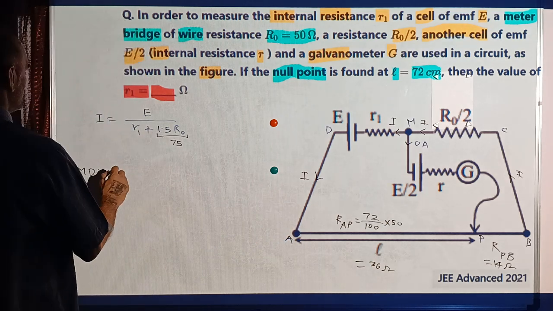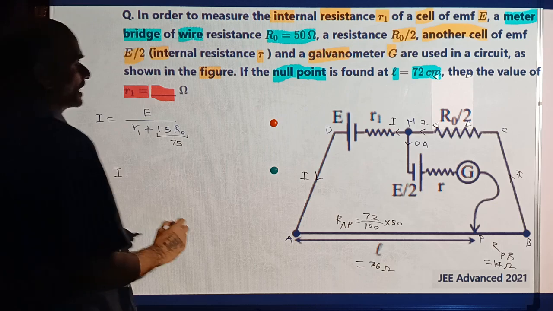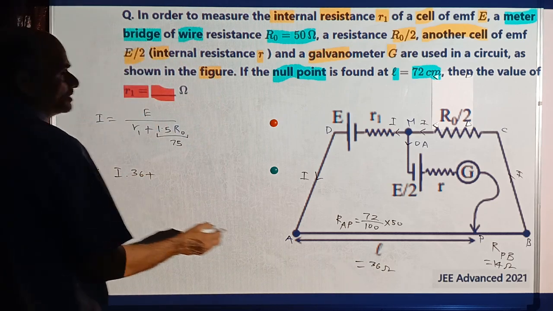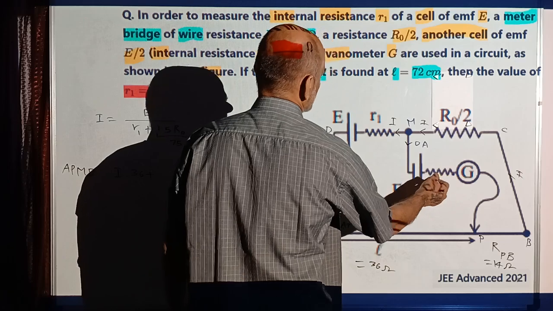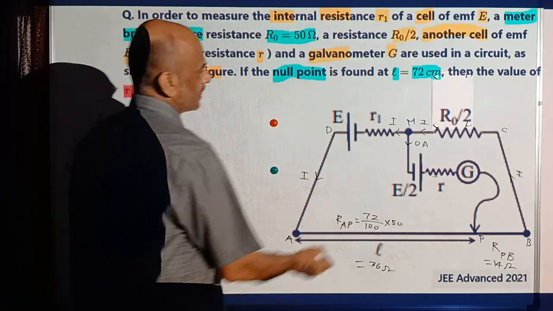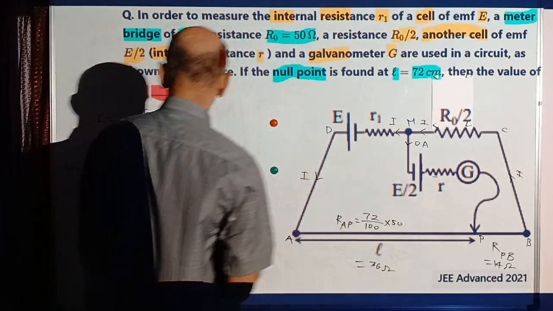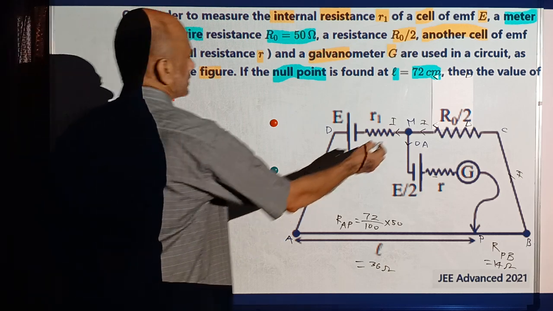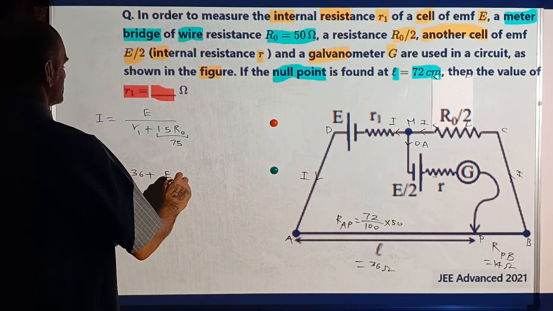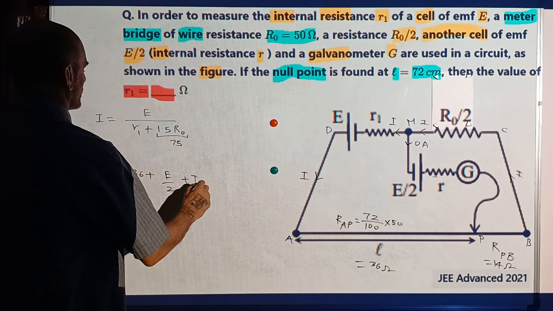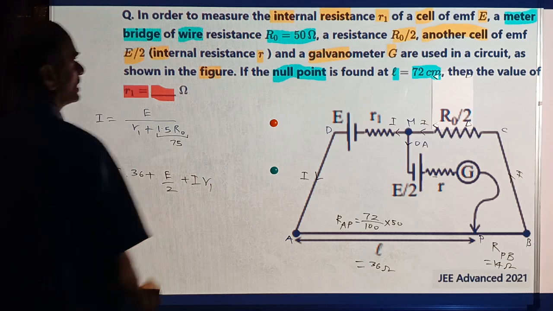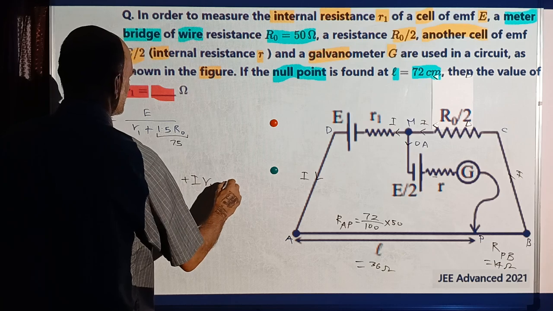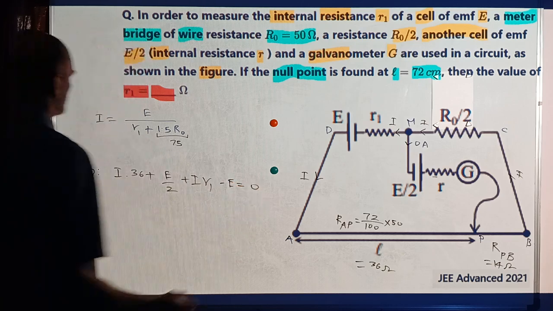So that is I into resistance of RAP, that is 36 ohms. And here the current is 0, so the drop in this R is 0 because the current is 0. But from here to here there is a drop of E by 2. So plus E by 2. And the drop from here to here is IR1, along the direction of the current. And here there is a rise, a voltage rise. So it's minus E equal to 0.